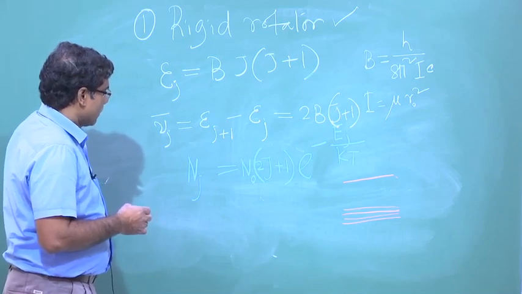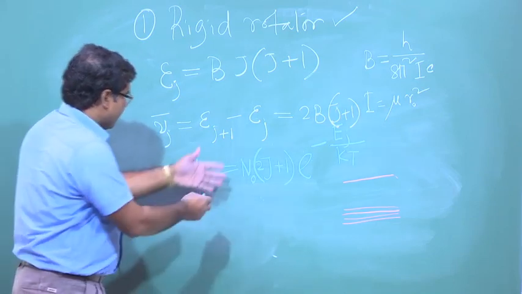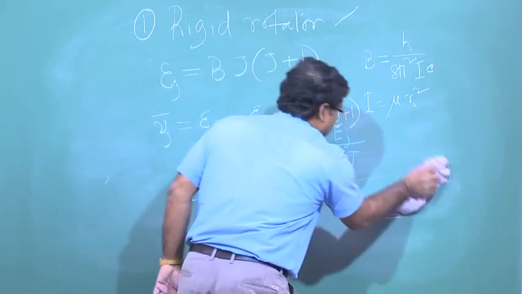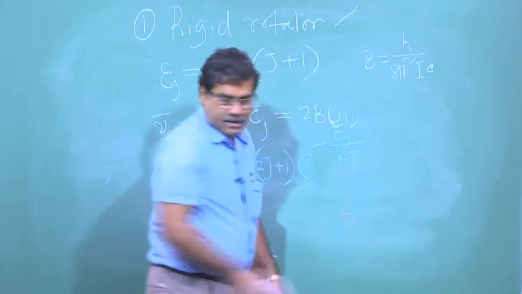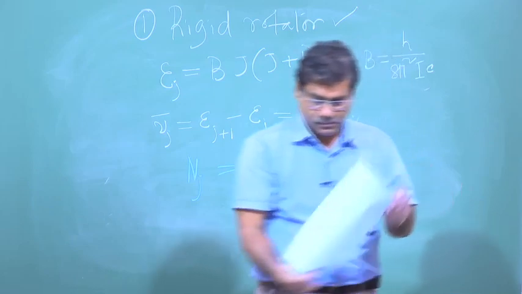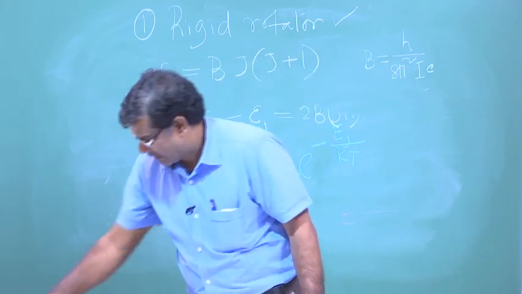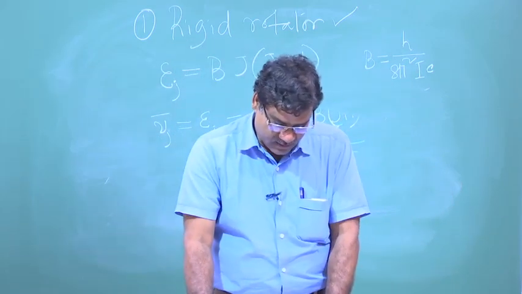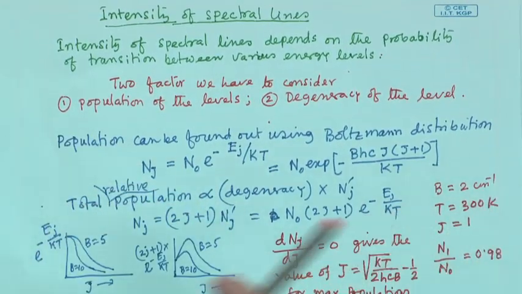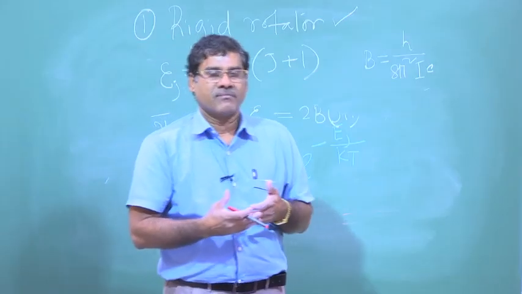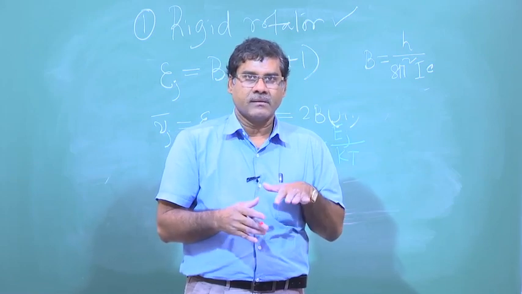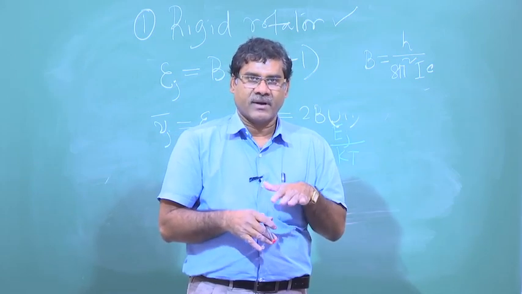If I plot this population, I can show it here. The intensity of the spectra will depend on the population of the rotating molecules in different energy levels.